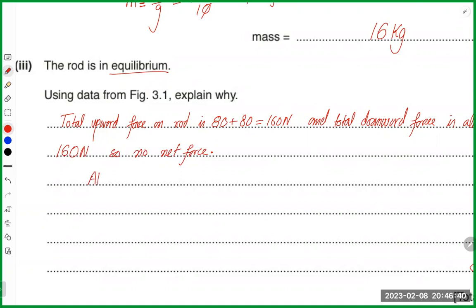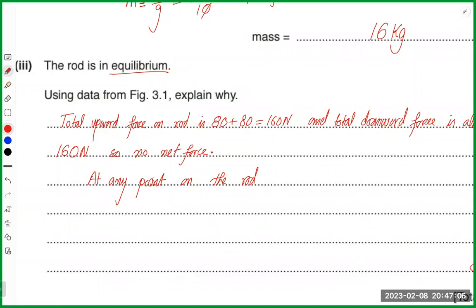At any point on the rod, actually when you study physics at high levels, you will understand it's not necessary that the point that we are considering as pivot or the reference point has to be on the system. It can be somewhere off the system as well.